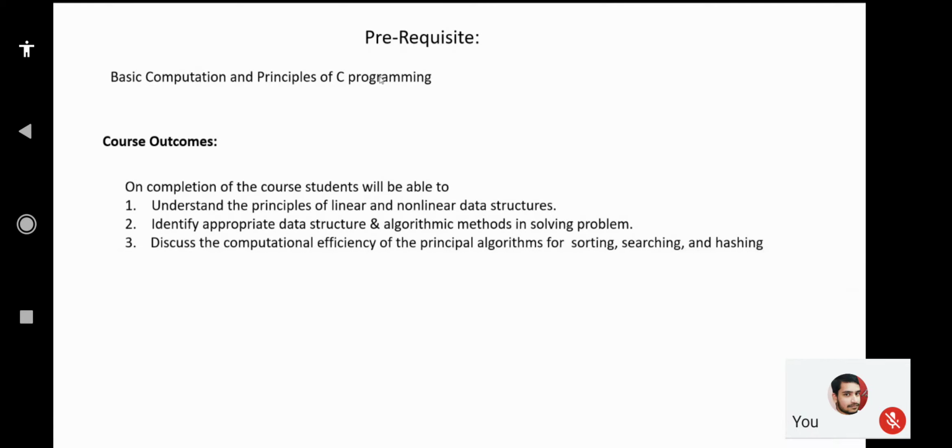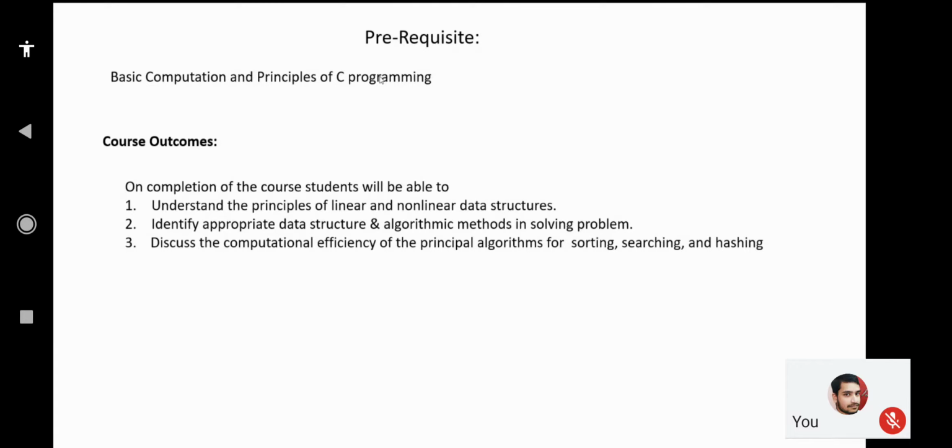For solving that problem, we first have to design an algorithm. Once the algorithm is program independent, once you have developed the algorithm, then your objective is to write the code. That code you can write in C, C++, Java, Python, and so on. But here you have to write the program in C.